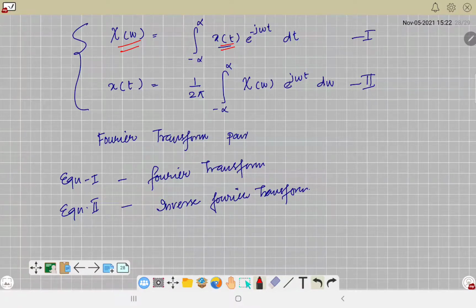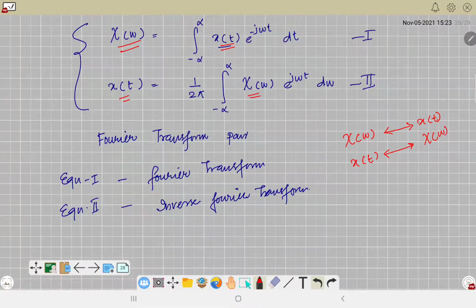And then we have the second equation which helps us to get back our signal x of t from the frequency domain representation, right? So my forward equation, your transform equation, gives me x of omega from x of t, fine. And then my second equation gives me x of t back from x of omega.